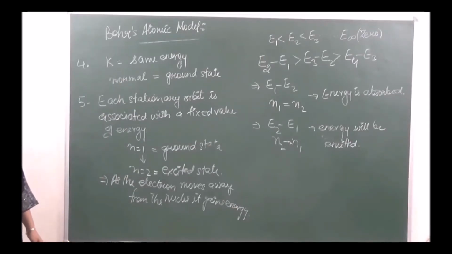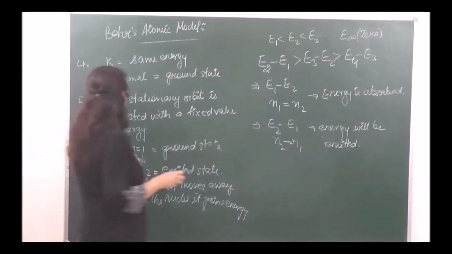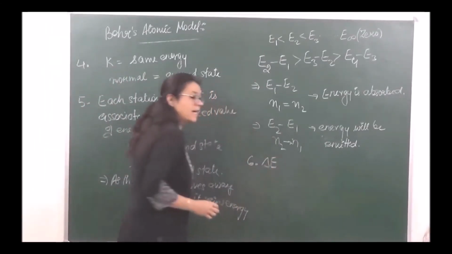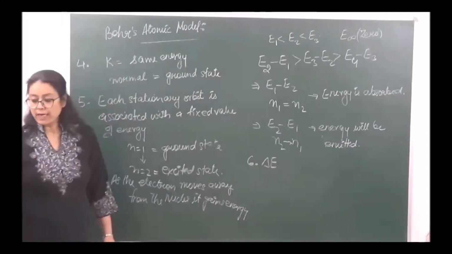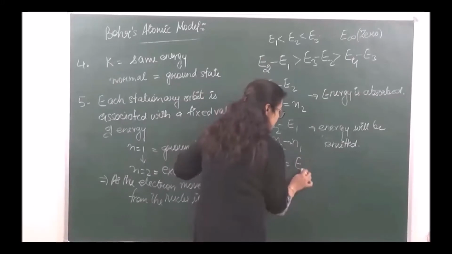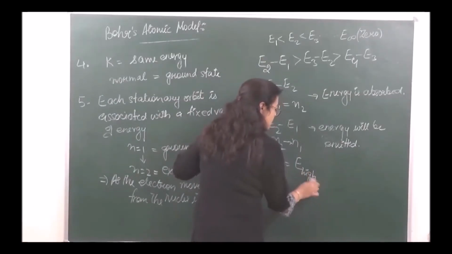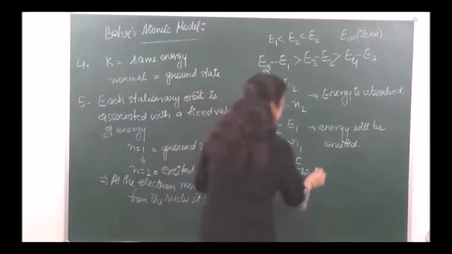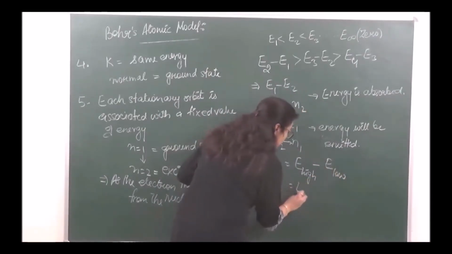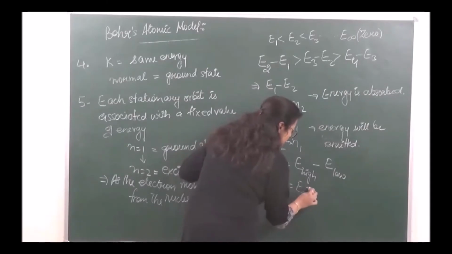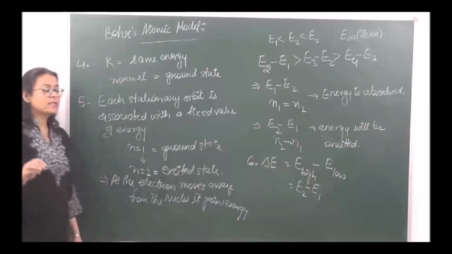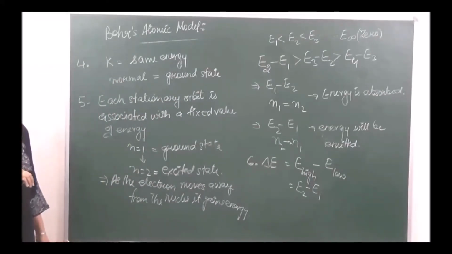Okay, in both the cases we are talking of change in energy, delta E, right? So delta E will be equal to what? E high minus E low, or you can also write it as E2 minus E1, where E2 is the final energy and E1 is the initial energy of the electron.